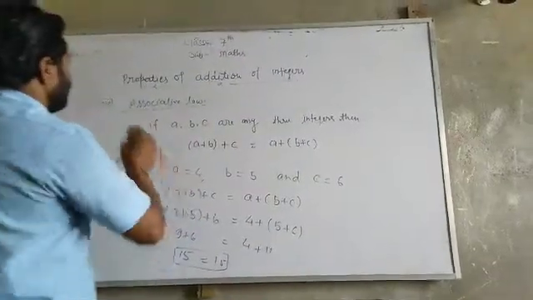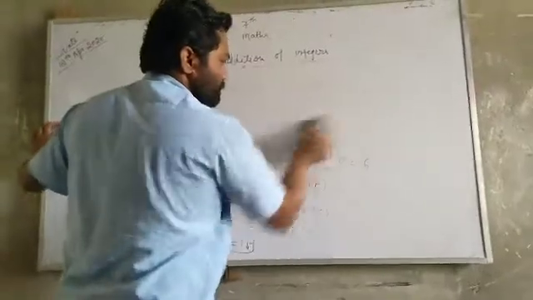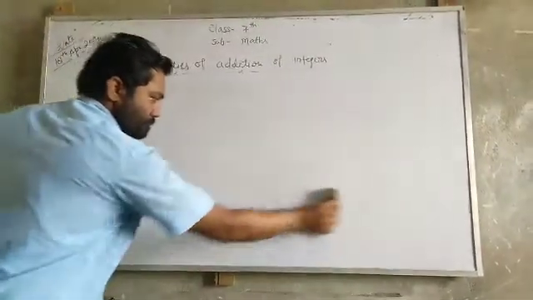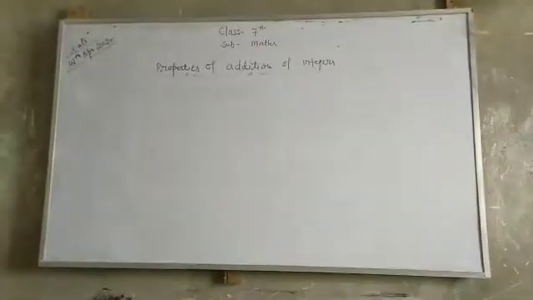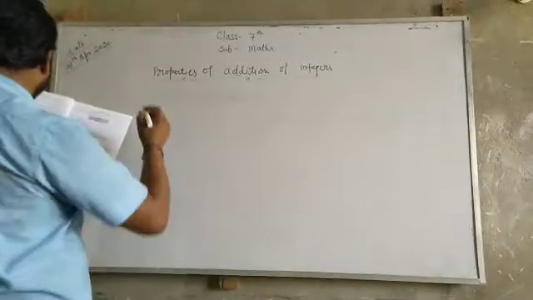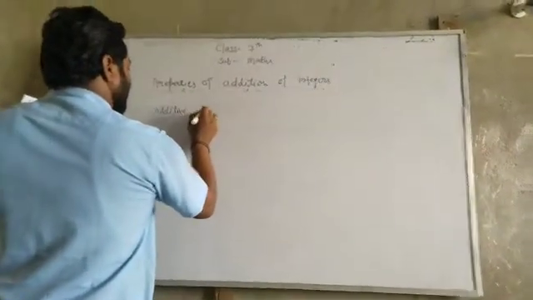Fourth property is identity property. Additive identity.